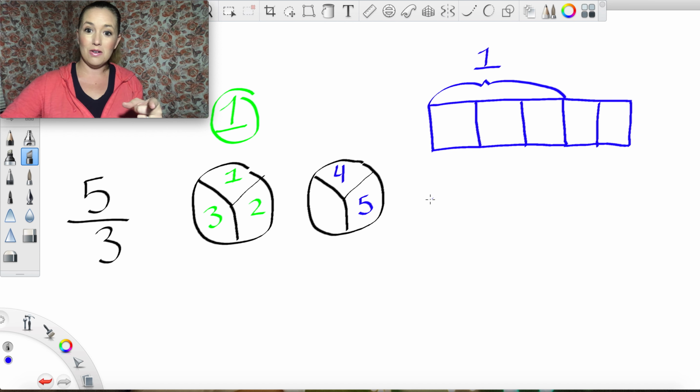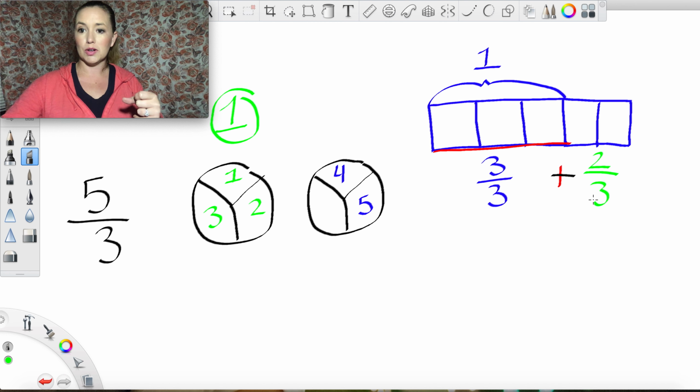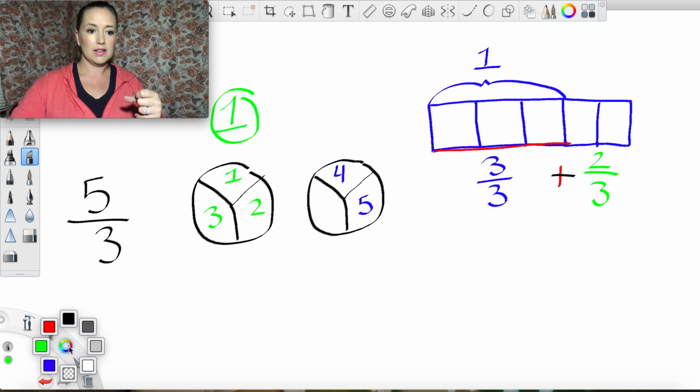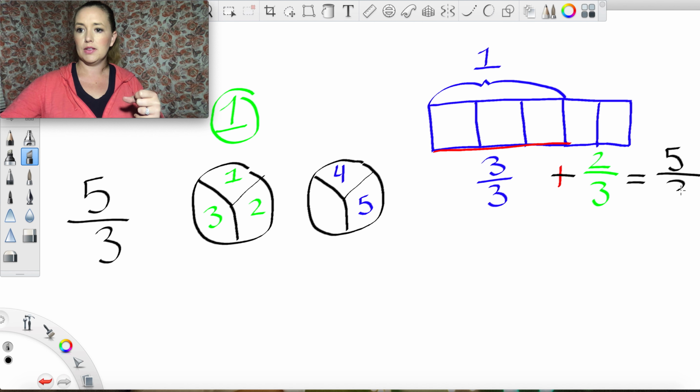Because after all, we know that 3/3, which is this area right here, plus, let's go back to green, 2/3 is equal to 5/3. Because when I'm adding, I'm just looking at those numerators as long as my denominator is the same.